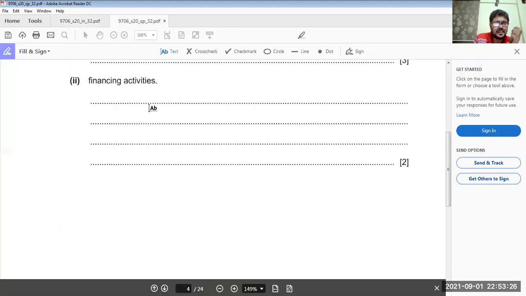So, financing activities would include bank loan that have generated cash $80,000 and less dividends that has reduced the cash by 24,000. Okay? And net cash from financing activities.